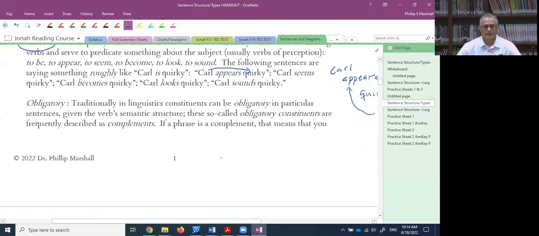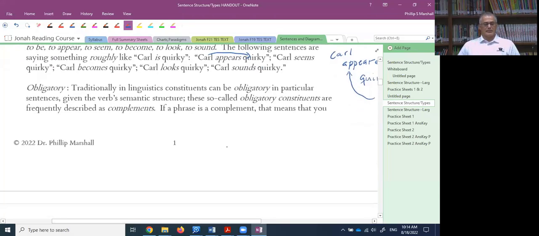The term obligatory in linguistics means that some constituent is required given the semantic structure. And when that constituent is obligatory for the verb to be used in a sentence that's proper or well-formed, that doesn't sound incomplete, an obligatory constituent is often described in grammar and linguistics as a complement.